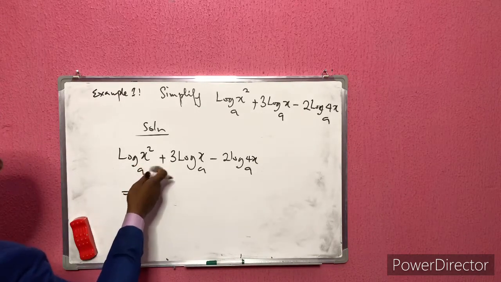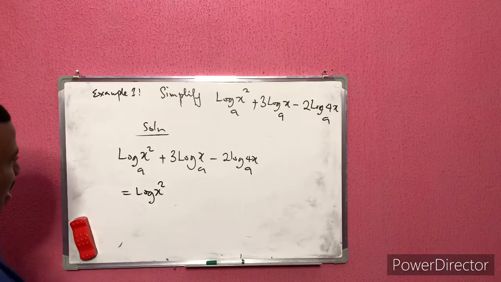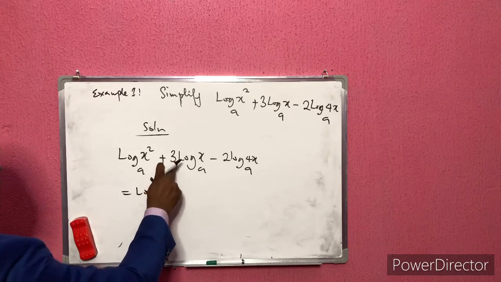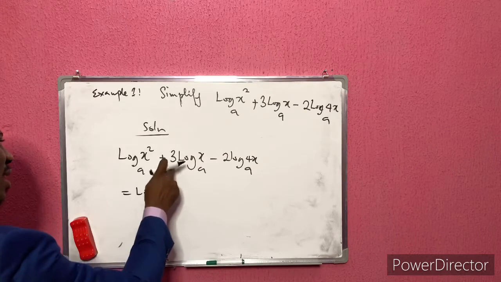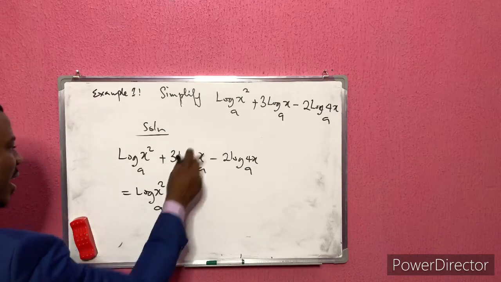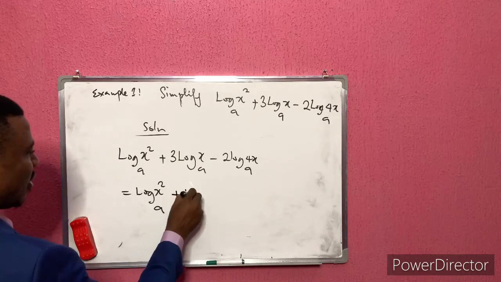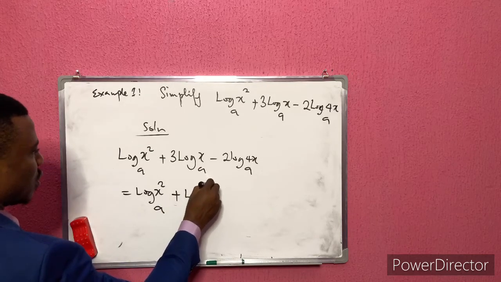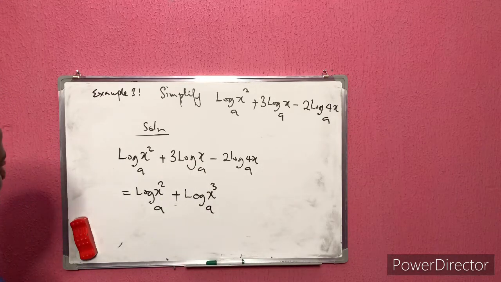you see, log x squared base a. Remember, we said that the 3 in front of the log can be taken to the back as a power, so you have log x cubed base a. This is the third law.